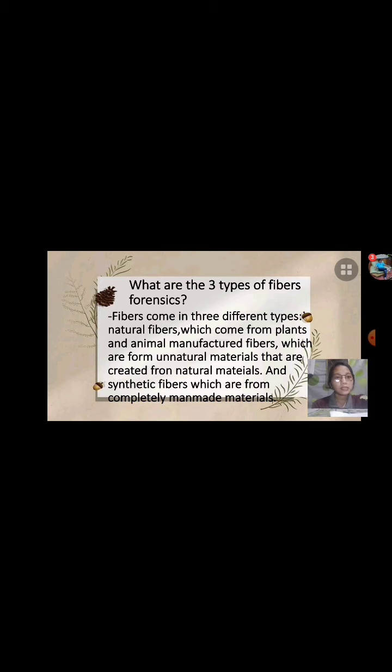The fibers come in three different types: natural fibers, which come from plants and animals; manufactured fibers, which are formed from natural materials; and synthetic fibers, which are from completely man-made materials.